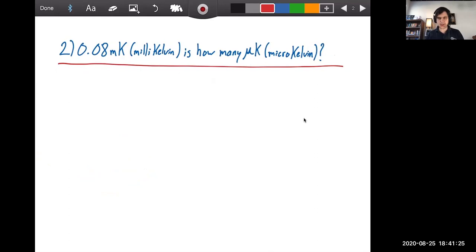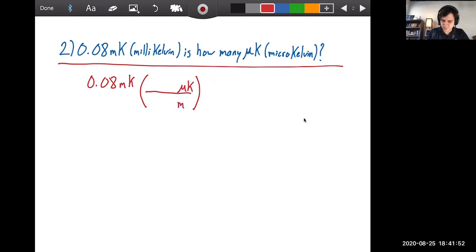So let's go ahead and hit it with the guaranteed method where I'm going to write down what I know. I was given 0.08 millikelvin, and I'm going to want to convert that to microkelvin.